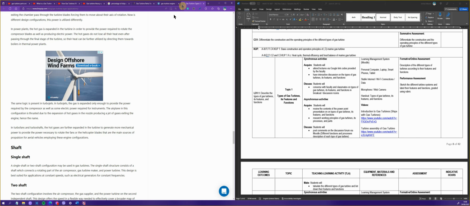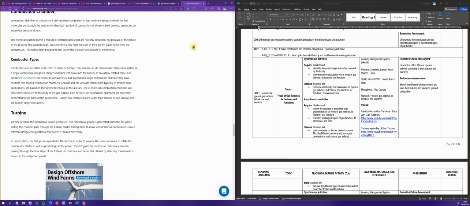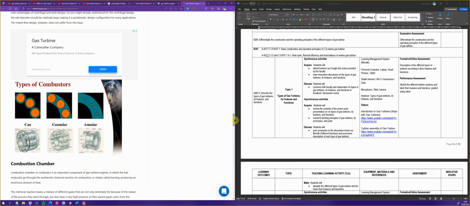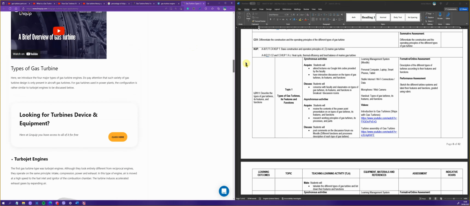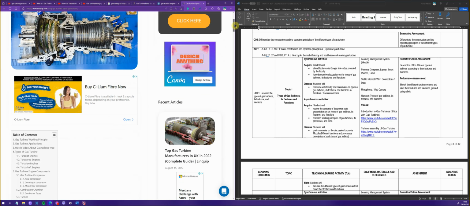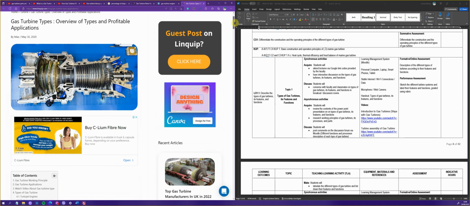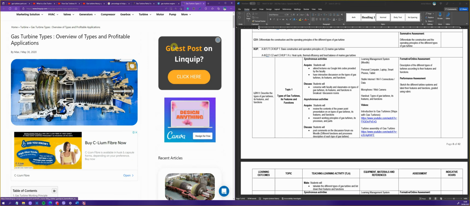Let's put it into context. Merchant vessels do not use our gas turbine. It's not feasible enough to use as a propulsion system.